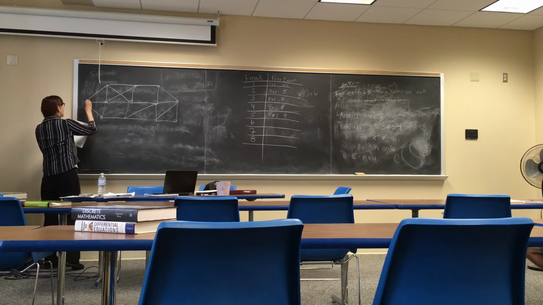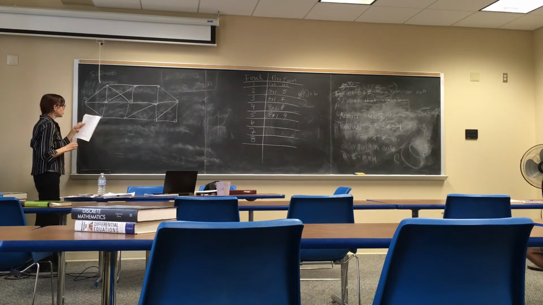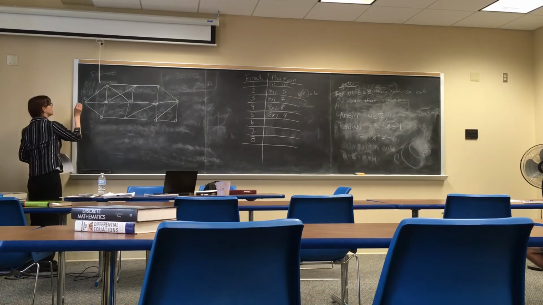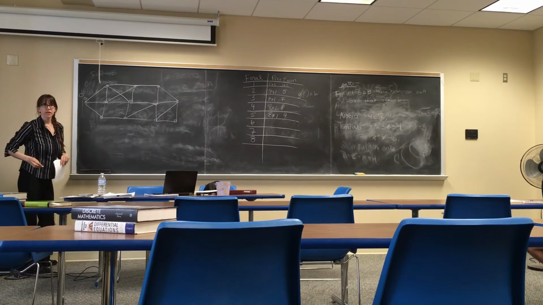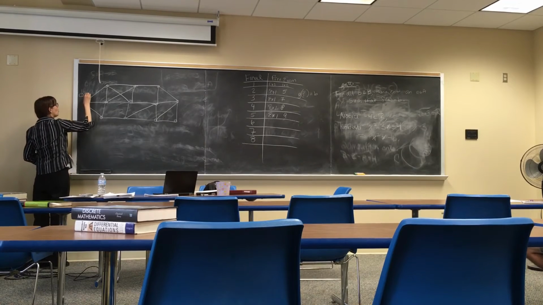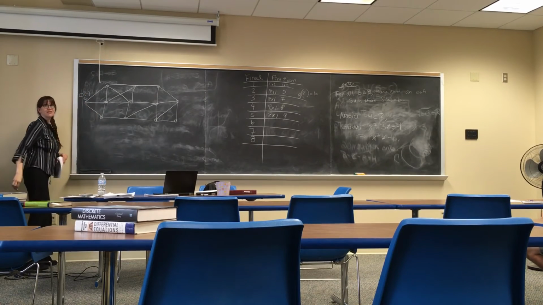Okay, so here's S. I'm going to start by labeling S. He's going to be my starting point, so I'm going to label him 0, because I haven't done anything yet. And where did I come from? Nowhere. So here's S's label.